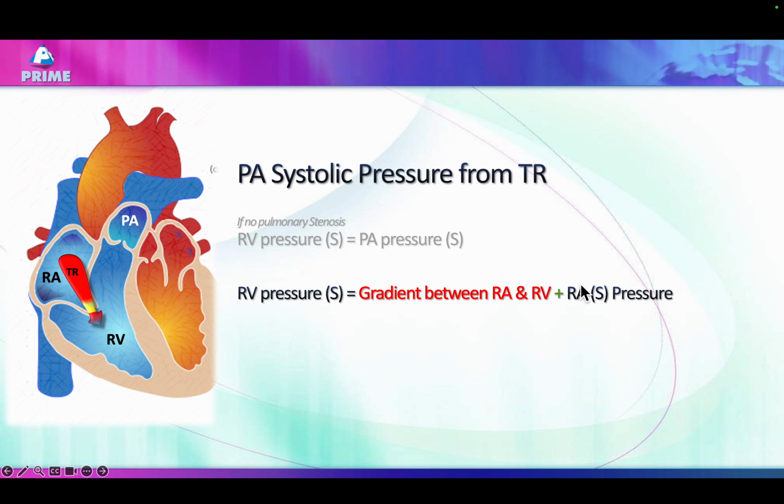So RA pressure, I tell you, we have some rough formulas of doing it, and the gradient between RA and RV is calculated by tricuspid regurgitation, and we know a modified Bernoulli formula that if we multiply the square of a velocity with 4, we get a gradient. So RV systolic pressure is 4V square, that is the TR peak velocity on a CW Doppler, plus the RA systolic pressure, which is based on the IVC. I would tell you that.